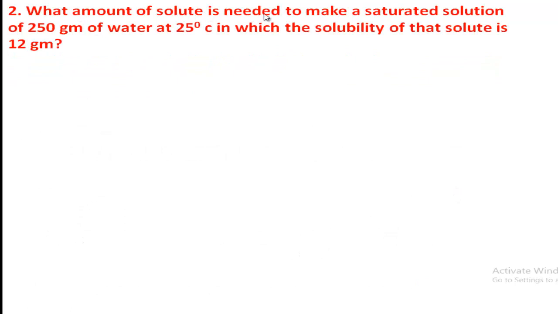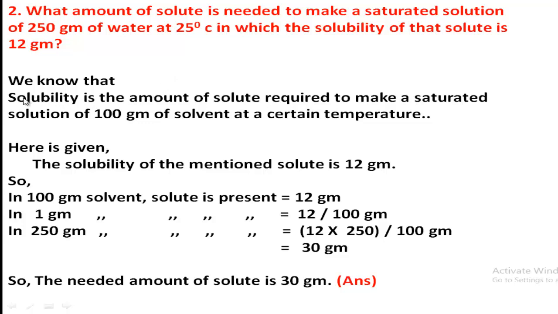What amount of solute is needed to make a saturated solution of 250 gram of water at 25 degrees centigrade, in which the solubility of that solute is 12 gram? That means the solubility is given and also 250 gram of water, the amount of solvent, is given, but you have to determine the amount of solute. So very easily we can solve this problem. Follow here.